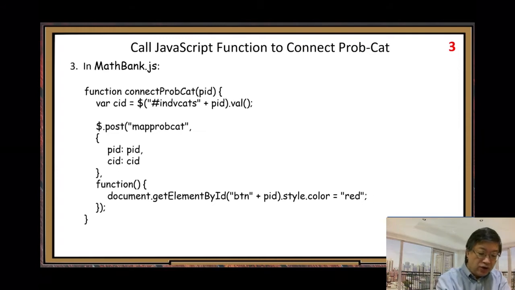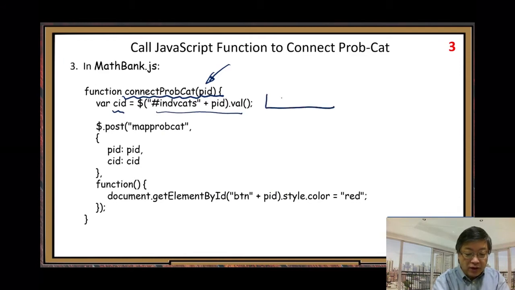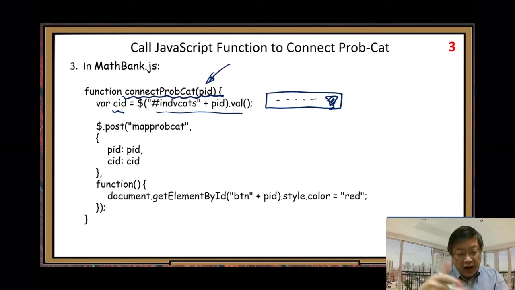The function is called connect prob_cat with the problem ID. Then inside the function, first, we want to get a category ID from the drop-down list. Remember, we have a drop-down list with the user-selected category there.